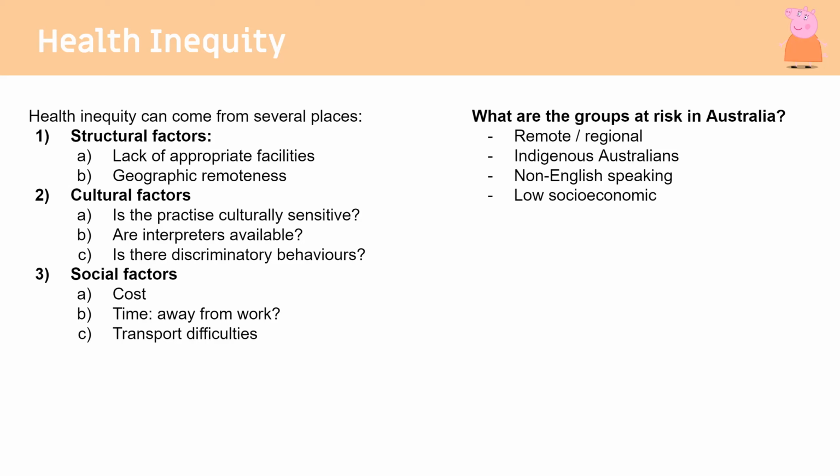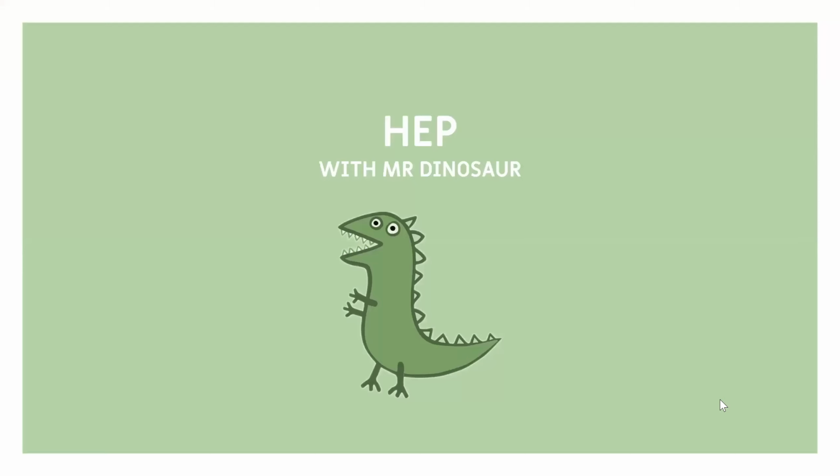And lastly, low socioeconomic, so if you can't pay. For instance, with the psychiatry example, I think you get 10 sessions for free, and then after that you have to pay. And it's super expensive. So if you don't have the money, you're not going to be spending the money on that. You're going to be spending the money on your bills. So that is pretty much HKS done in a nutshell.